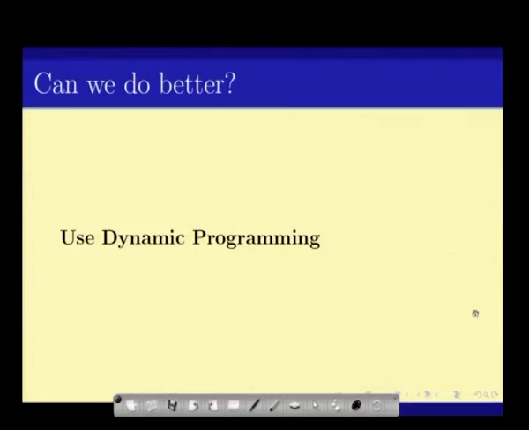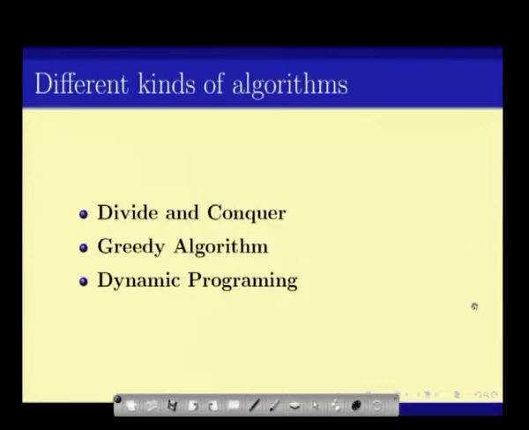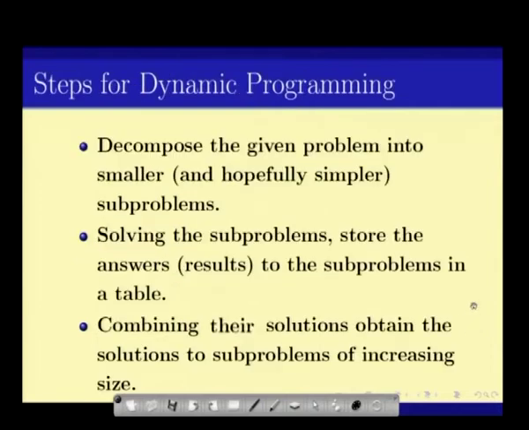Using dynamic programming. Just to quickly recap, dynamic programming is just like two other techniques of algorithms that we have seen, divide and conquer and greedy algorithm. In dynamic programming, the idea is to divide the problem into smaller subproblems. This is something we do also in the case of recursive algorithm, but then we will solve the subproblems and save it in a table, so that we do not have to recompute it again and again, and then we combine all the solutions to obtain a solution.